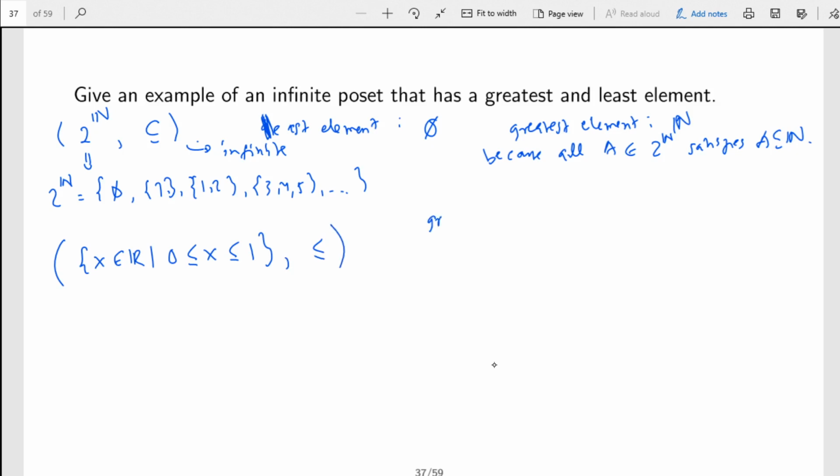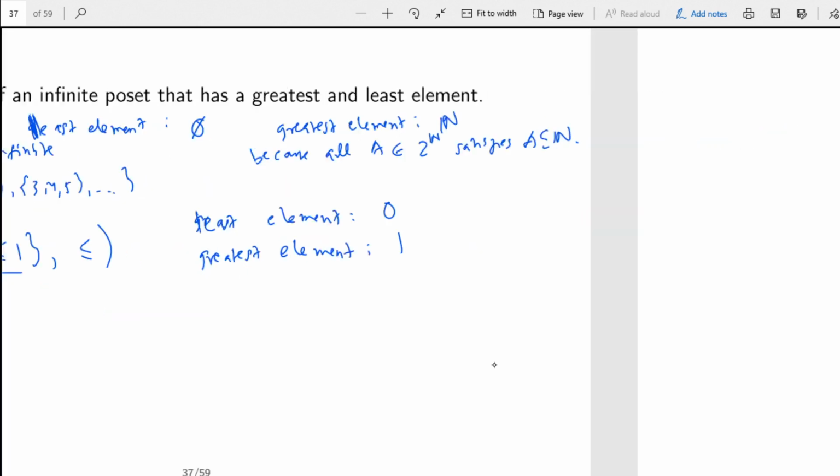Here the least element is clearly 0, and the greatest element is clearly 1, and of course this is infinite. So you have two examples for this question. We have many more examples, of course. You could imagine other examples to answer this question.